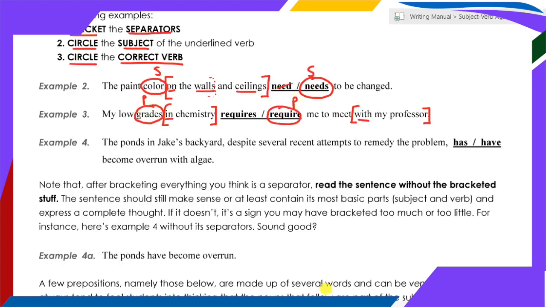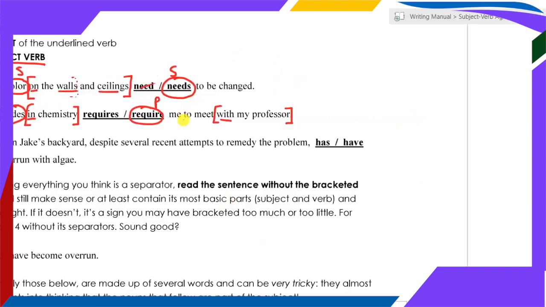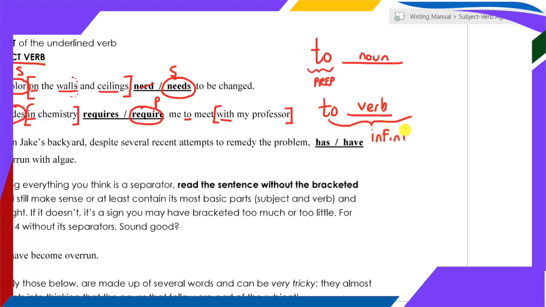One note on this question before we move on to the next example. I just want to make a note about this "to" right here. Some of you may have bracketed that "to." The word "to" can be a preposition if it is followed by a noun. In this case the "to" is a preposition. But if the "to" is followed by a verb, then that whole thing is an infinitive, and that "to" is not a preposition.